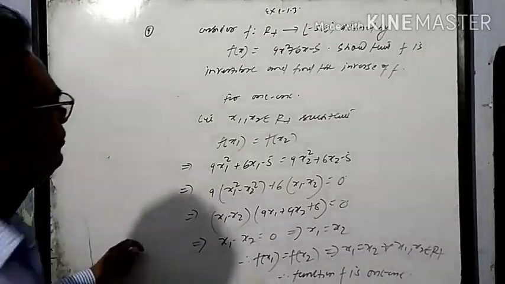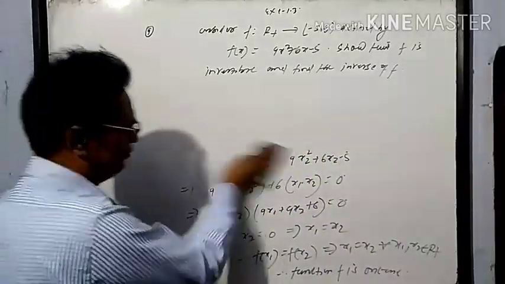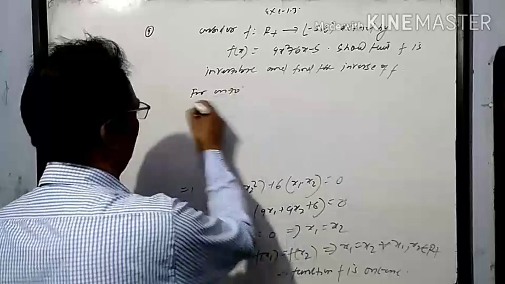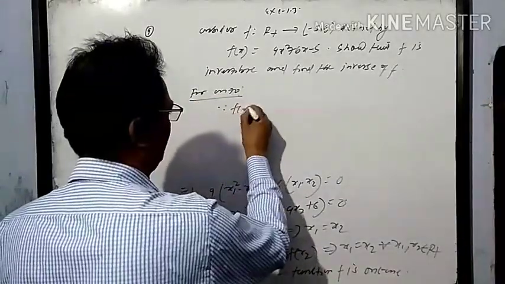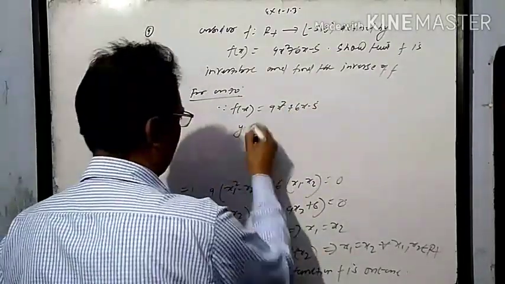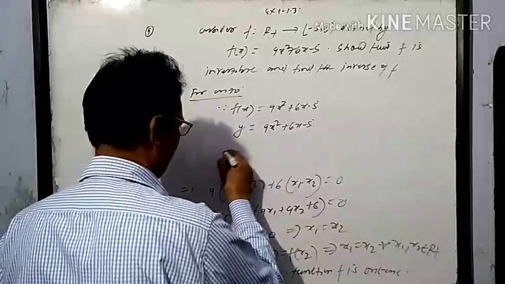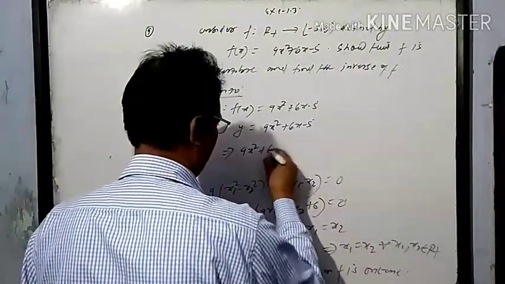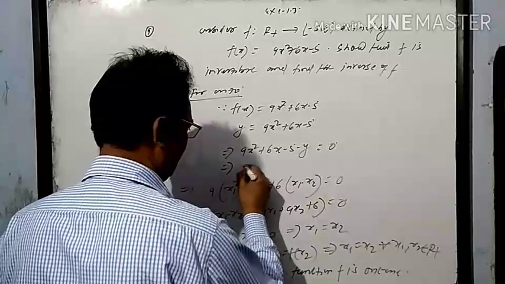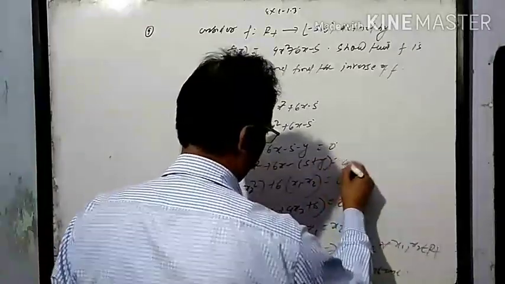For onto, since f(x) = 9x² + 6x - 5, let f(x) = y, so 9x² + 6x - 5 = y. This implies that 9x² + 6x - 5 - y = 0.